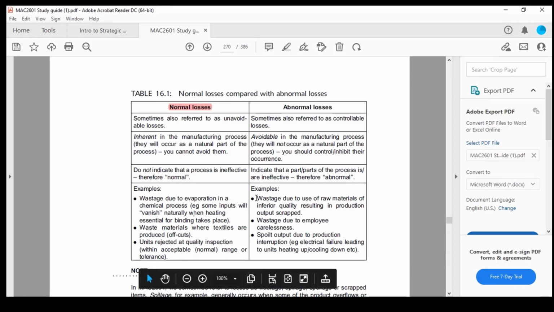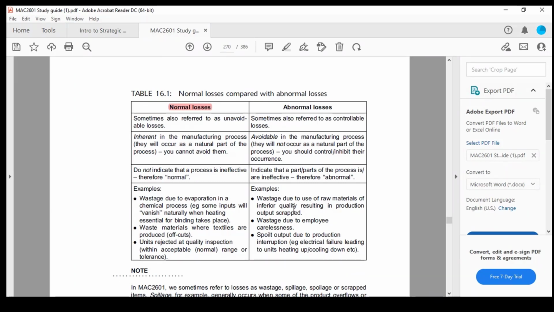So here they're saying that an abnormal loss in a manufacturing or production process is when the quality of your raw material, what you went and bought, is inferior. You could have avoided buying cheap and inferior raw materials by just sticking to what is quality so that you don't waste when you are producing a shirt or a dress.